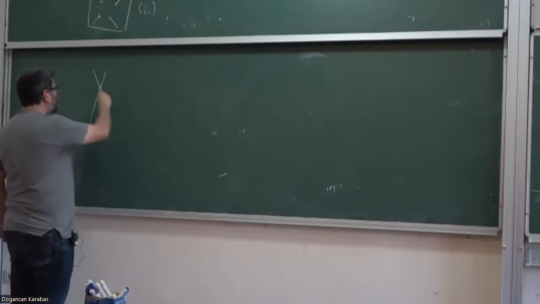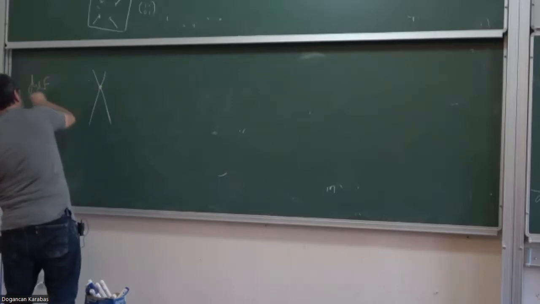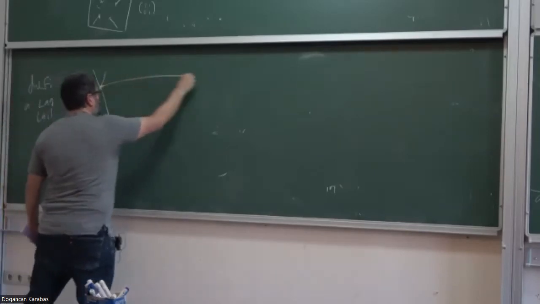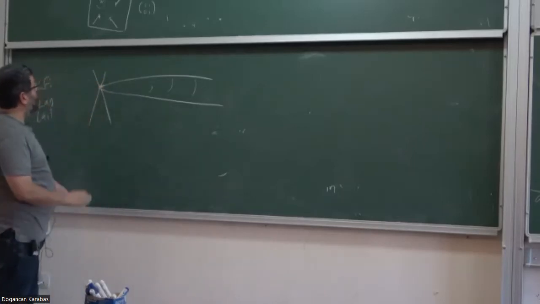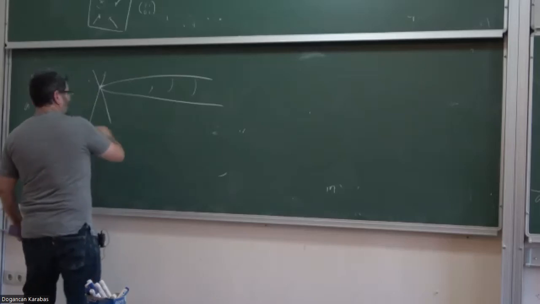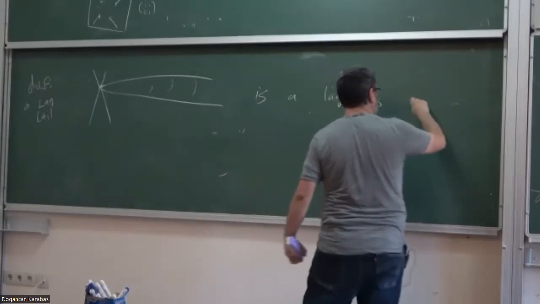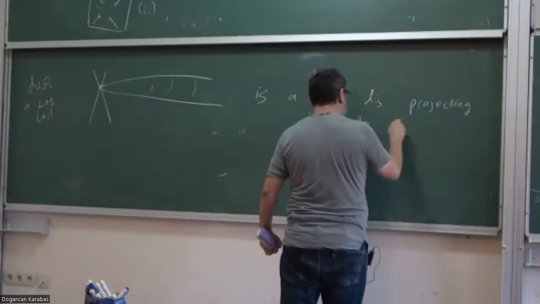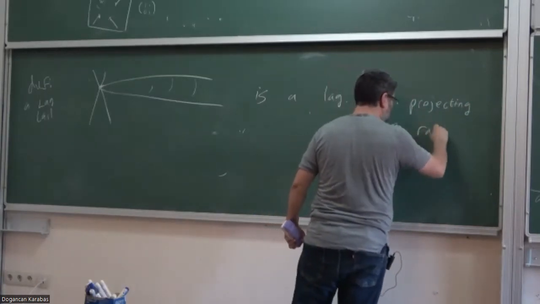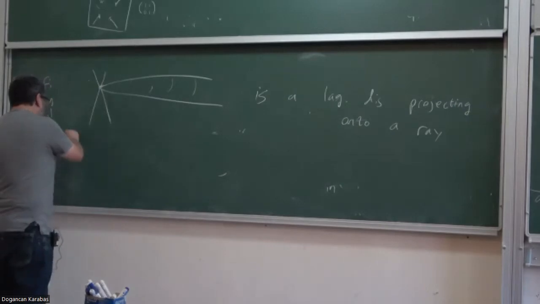Then we have a focus singularity, and a definition: a Lagrangian tail is a Lagrangian disk which emanates from the nodal point and projects onto a ray, like one of those monodromy invariant rays.